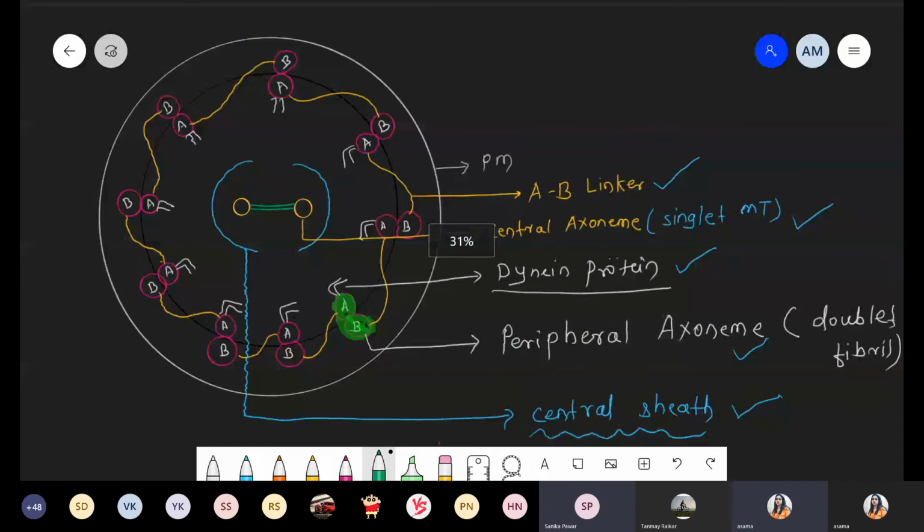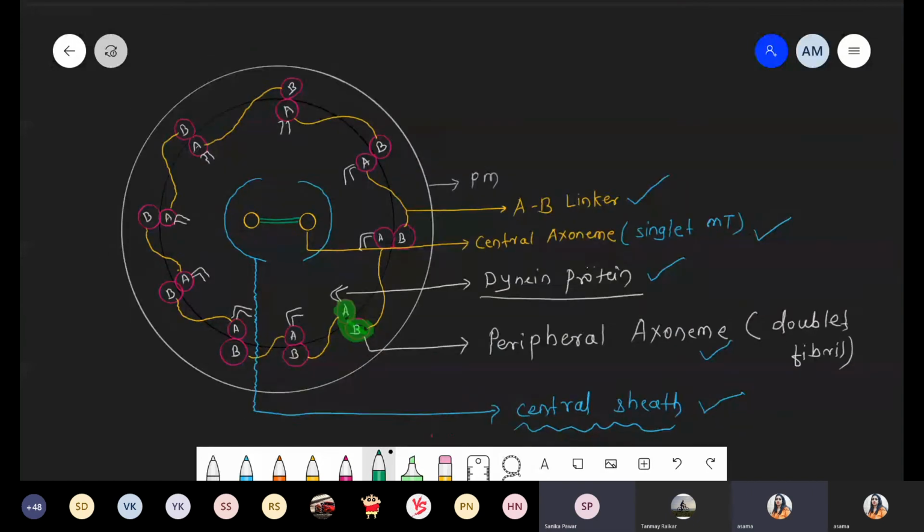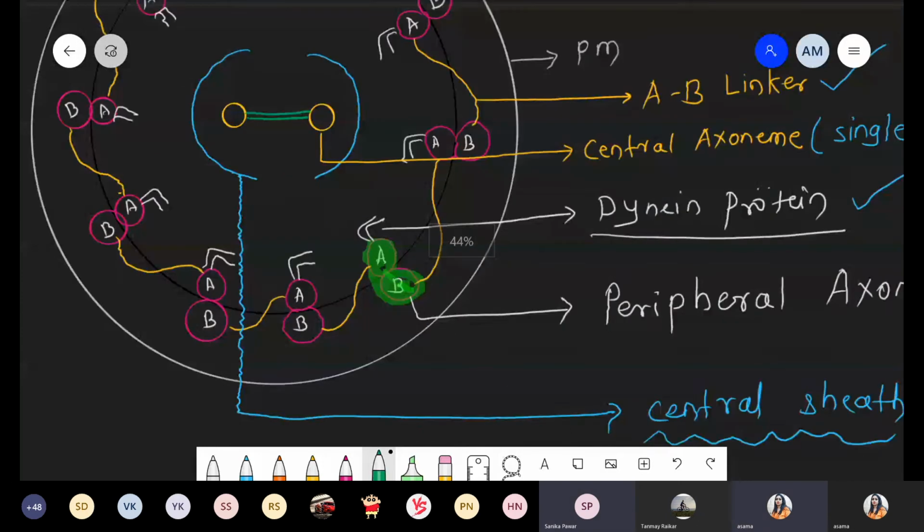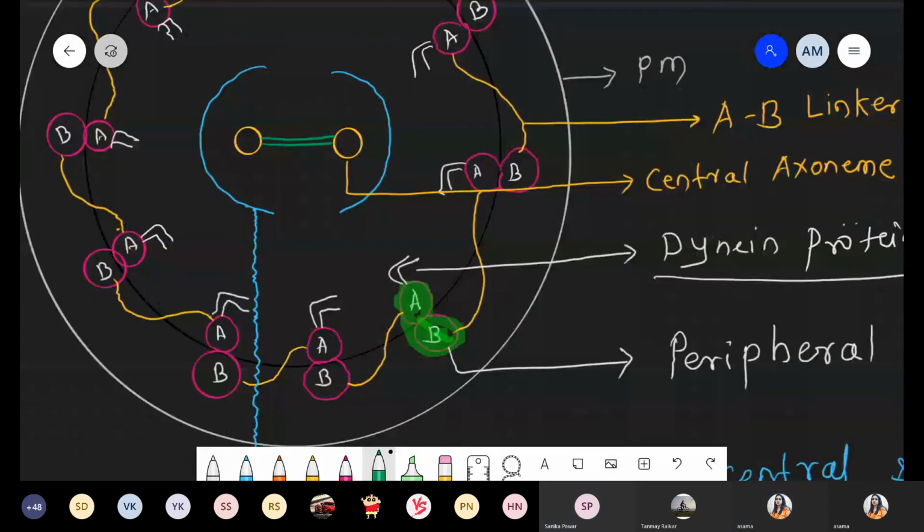Excuse me, ma'am. हाँ, could you please repeat about the central sheath? हाँ एक मिनट. Can you see this structure? This one. ये क्या है? 1 and 2. These are a specific type of microtubules present at the center, called the central axoneme.